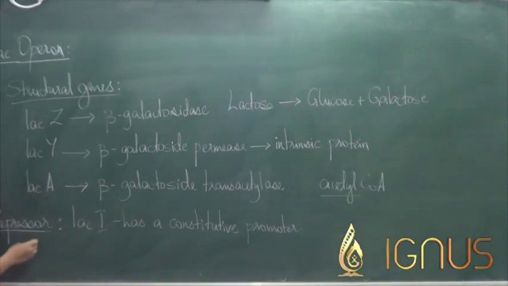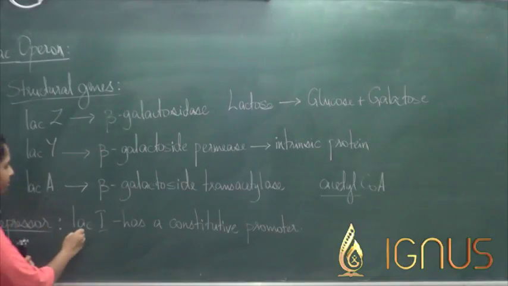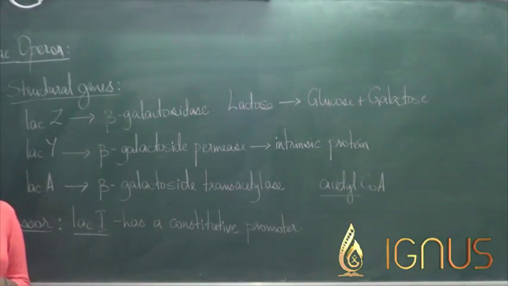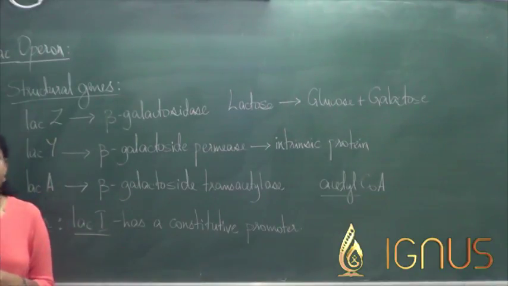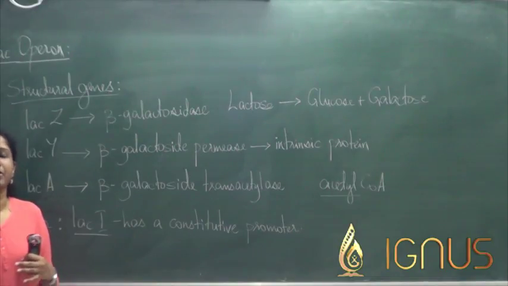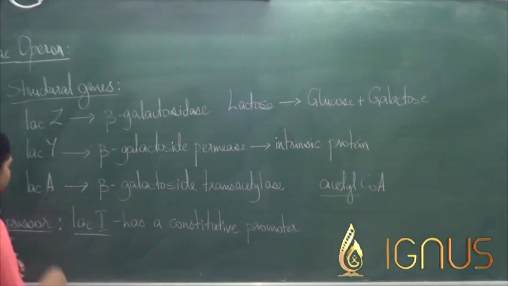And it is of course going to have a repressor molecule. The repressor molecule in the lac operon is termed LAC-I, and it is controlled by a constitutive promoter. A constitutive promoter is a promoter that is active all the time, meaning that the repressor molecule is going to be synthesized continuously.